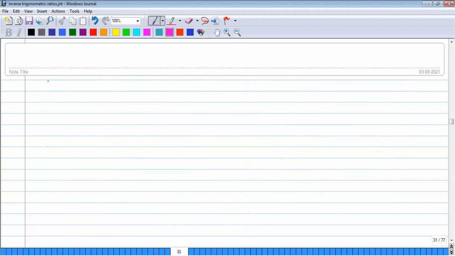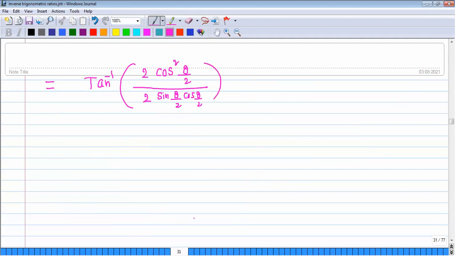Now you are going to write tan inverse of this. We can write 2 cos square theta by 2, and in the place of sin theta we can write 2 sin theta by 2 cos theta by 2.